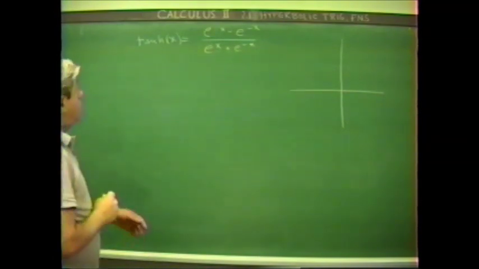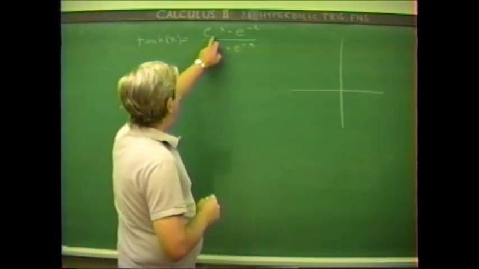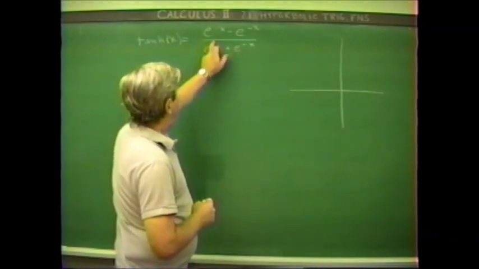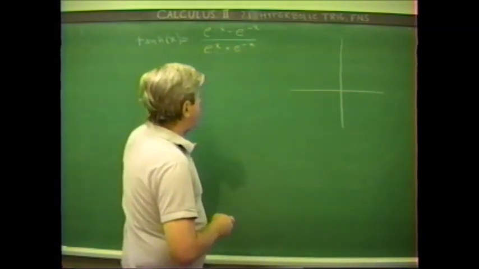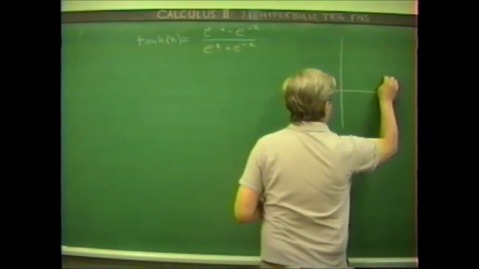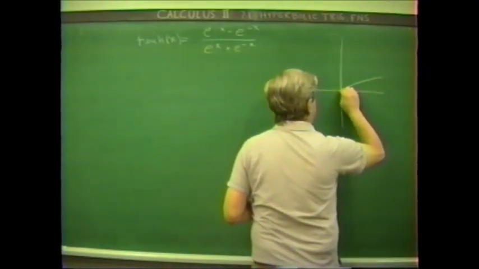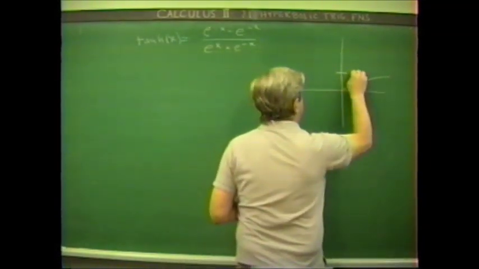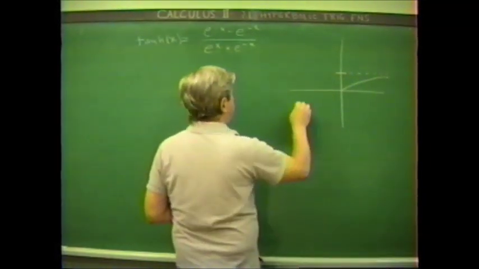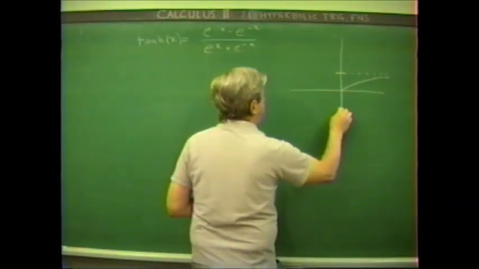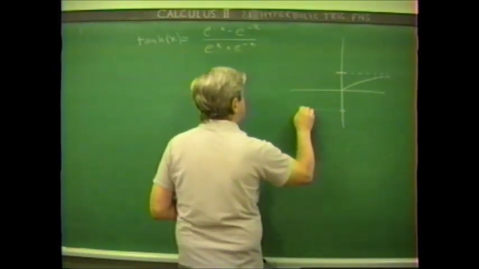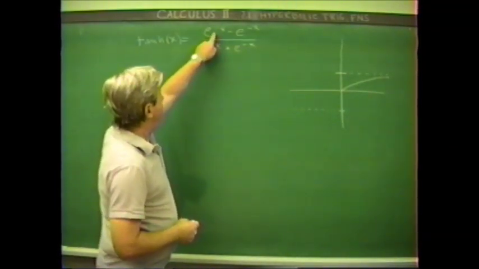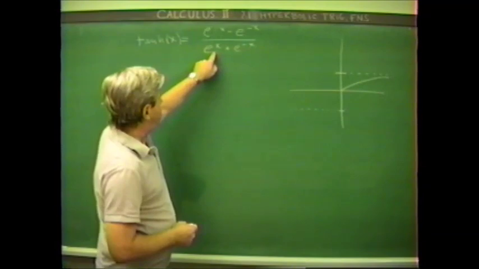And the graph, as x approaches infinity, this goes to 0 and this goes to 0. And the numerator and denominator here approach e to the x over e to the x and get close to 1. So 1 is an asymptote here. And likewise, as x approaches minus infinity, minus 1 is an asymptote. As x approaches minus infinity, e to the x approaches 0 here.